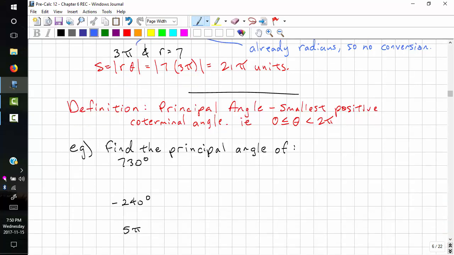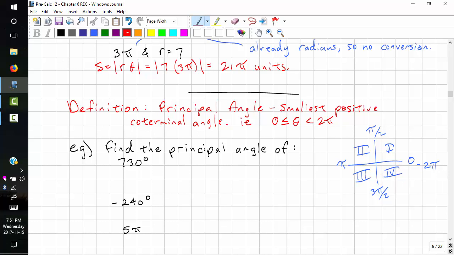Again, it's convenient because we can determine what quadrant an angle is in. We start at 0, go to pi over 2, go to pi, go to 3 pi over 2, and back to 2 pi. Quadrant 1, quadrant 2, quadrant 3, quadrant 4.